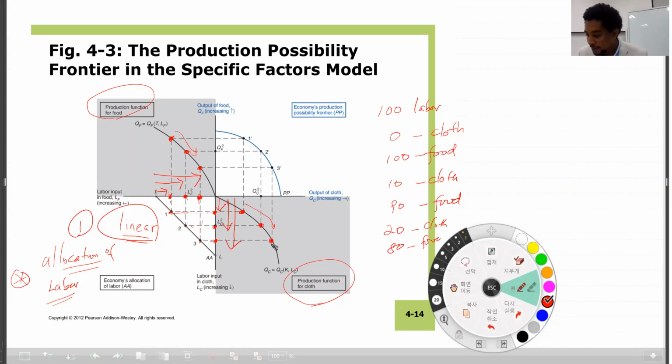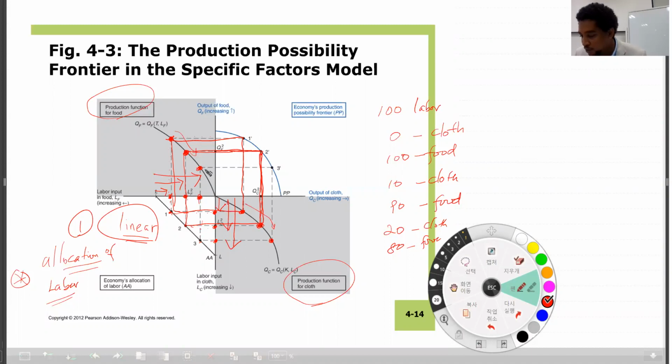Okay, then from this point you can draw, this intersects here, because it is this one, right? And the second one is this one. So for this amount of food, the production possibility frontier goes here because you have this amount of clothes production.